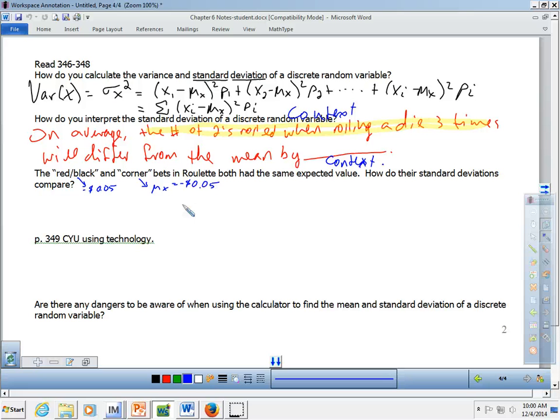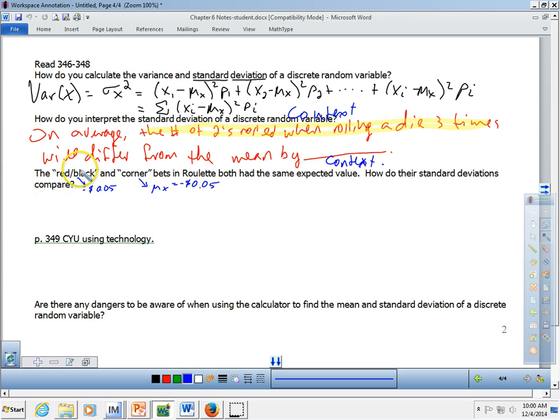Since we didn't make that distinction last night, maybe that 5 cents is a little bit bigger deal. Instead of just a long run of losing 5 cents, it's 5 cents for each bet that you place. Anyway, they both have the same mean.